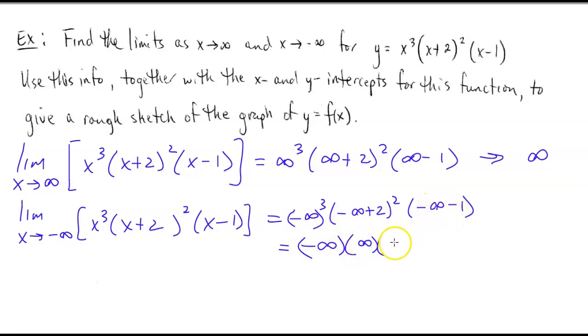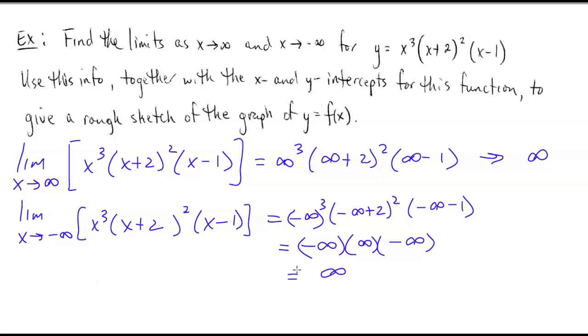And our negative infinity minus 1 will give us a negative infinity. And so, of course, a negative infinity times a negative infinity will be a positive infinity. And of course, positive infinity times positive infinity will just be infinity. Okay? Although we don't know how much infinity is, we do know that still we're dealing within the realm of real numbers, and a negative times a negative is a positive.